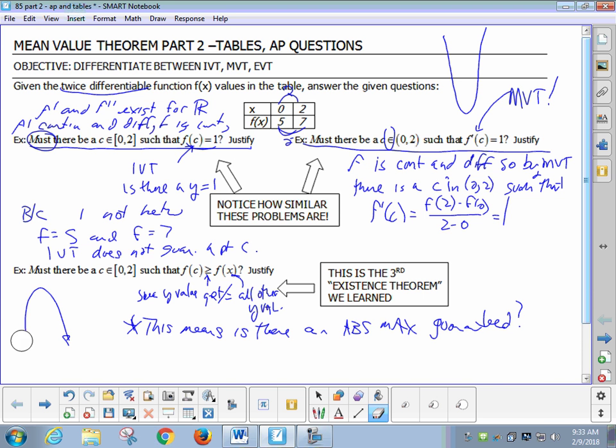So if you have endpoints, that's a start, because that eliminates the possibility of it growing forever on the sides, or an end behavior. And then you also need continuity to eliminate the possibility of, okay, wise guy, I give you your endpoints, but inside I've got this asymptote.